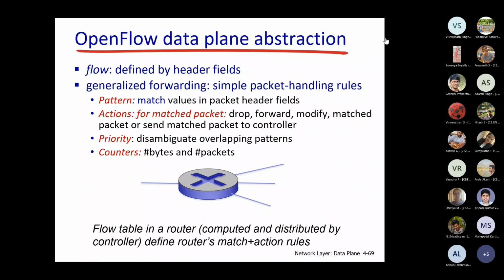All these operations can be performed. The OpenFlow protocol has the provisions for this. So the data packet comes and can be dropped, which we normally experience in network security.